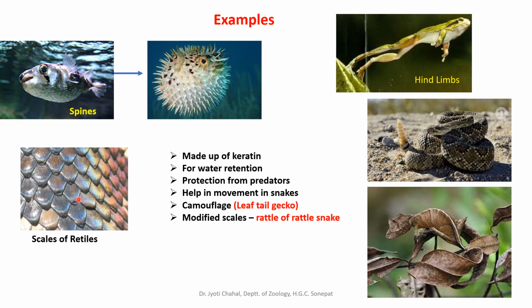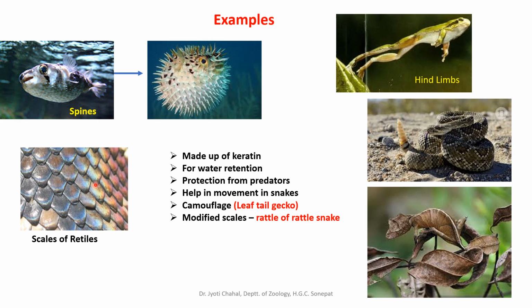And these also help snakes in movement, and because of these scales, a snake can hold onto the imperfections of the ground. You can easily observe that the ground is not as smooth as a marble floor, and it has slight imperfections, and these small scales hold on to those imperfections, and the snake propels its body in the forward direction.